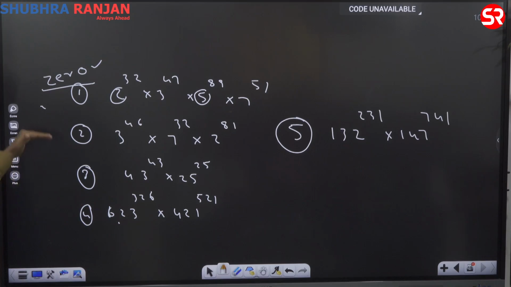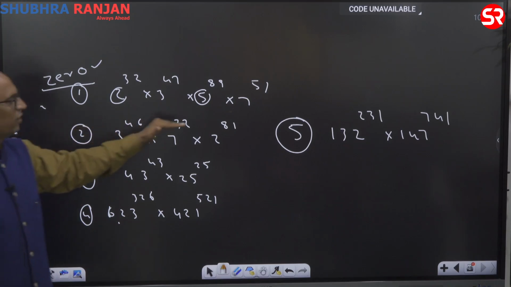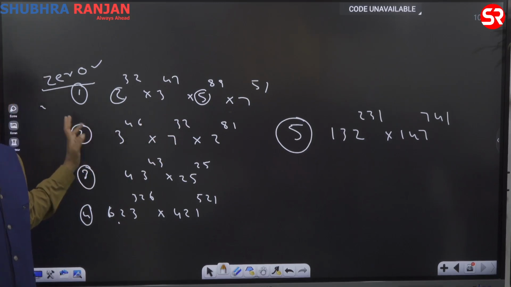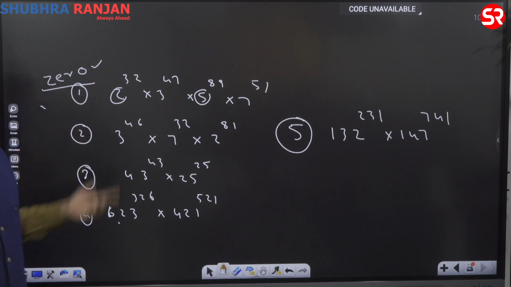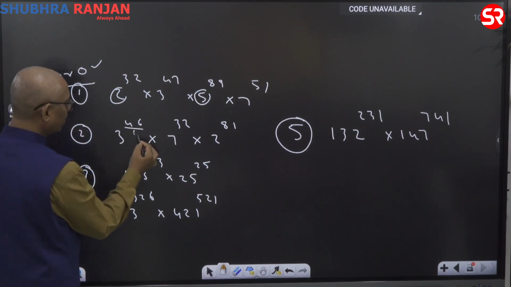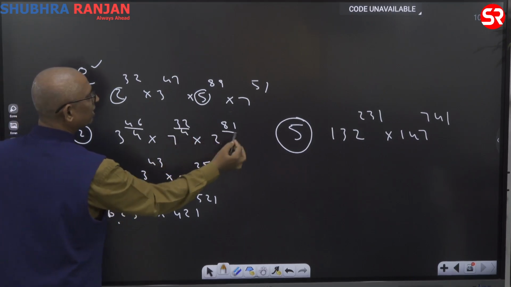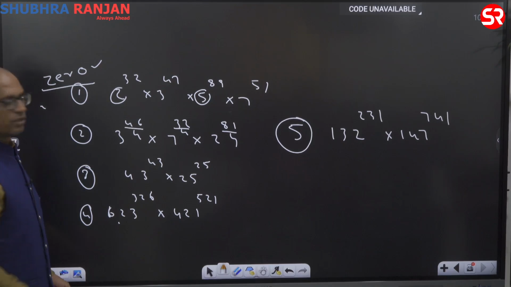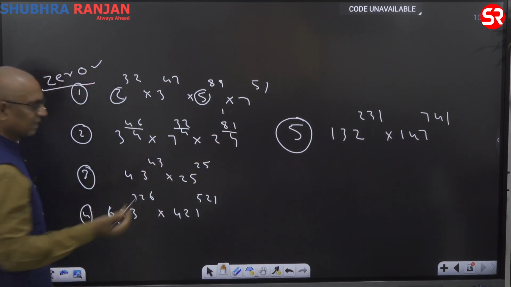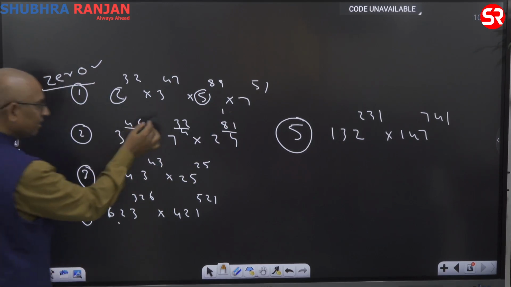Now here 3, 7, 2, all are having cyclicity 4 only. So there is no chance of this type of logics. So what you have to do? You have to divide with 4 only. Do it then and there only. 4 2s are 8, remainder is 1. Directly you can write. 4 8s are 32, remainder is 0.